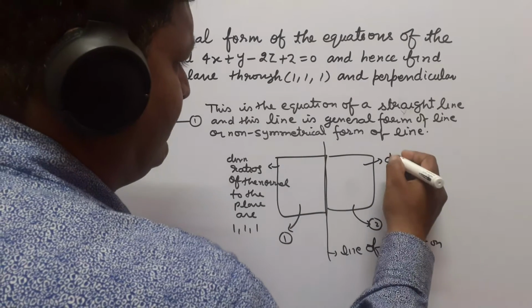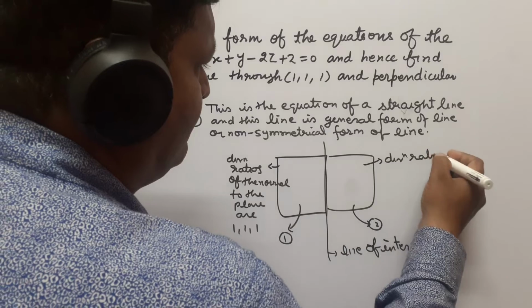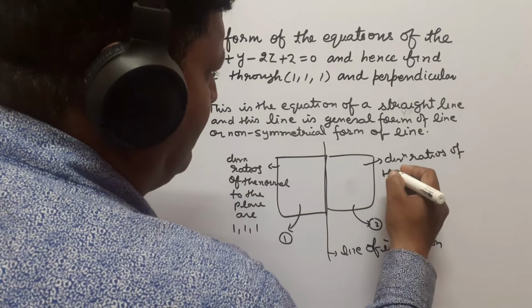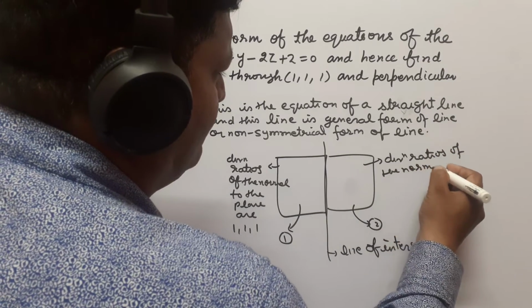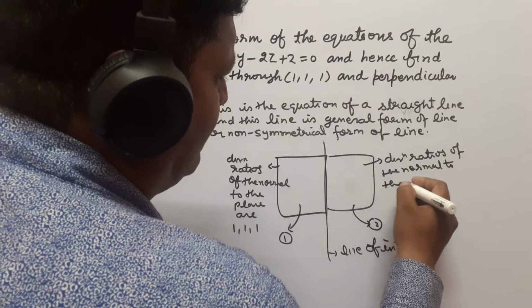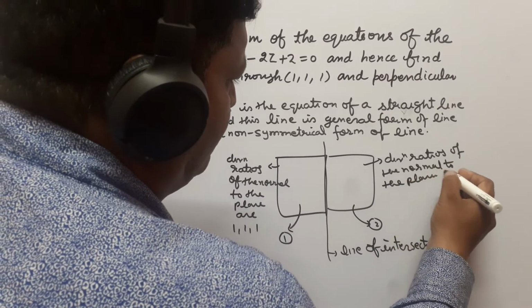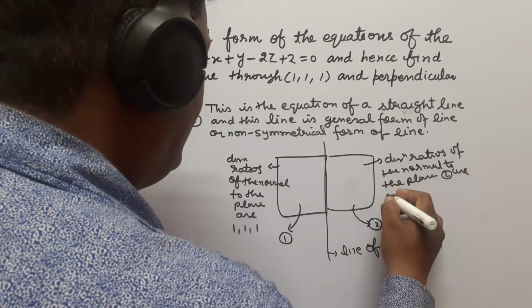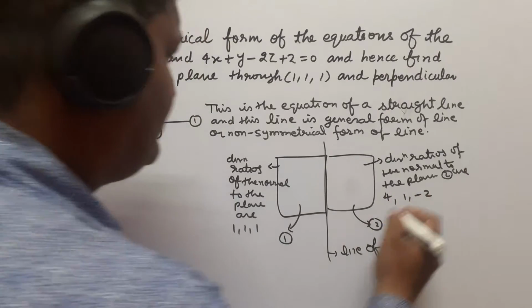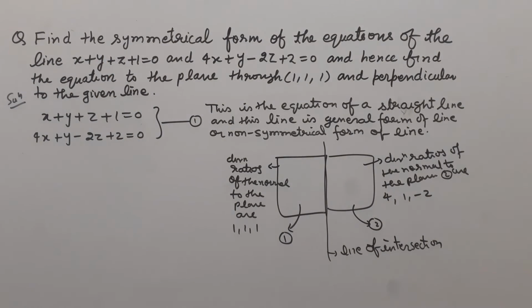Similarly, the direction ratios of the normal to the second plane are 4, 1, minus 2, because in the second equation of the plane the coefficients of x, y, z are 4, 1, minus 2.